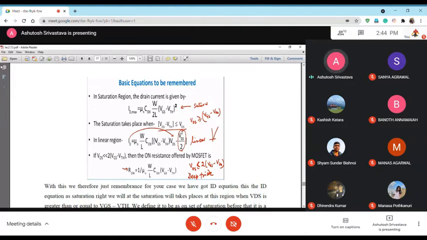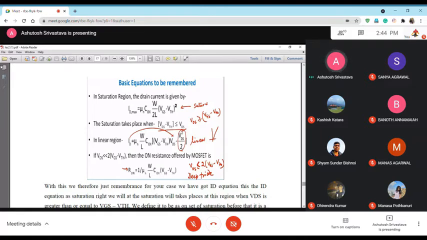The cutoff region, where there will be almost no drain current, but definitely there will be a subthreshold current, which would be three orders or more of magnitude less than the general one.